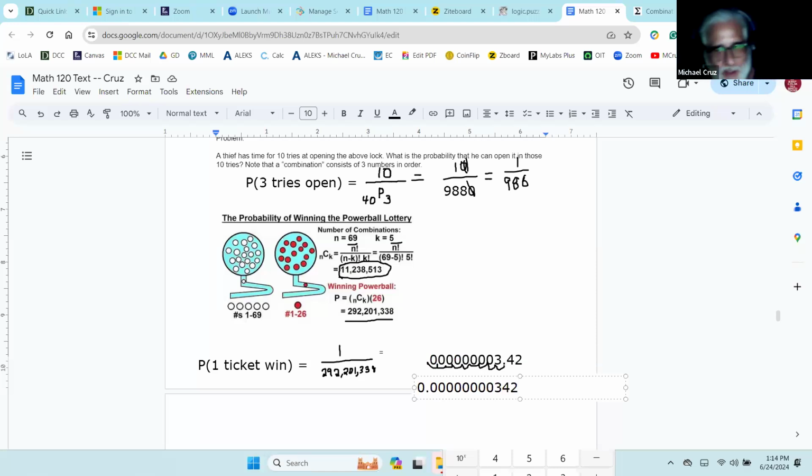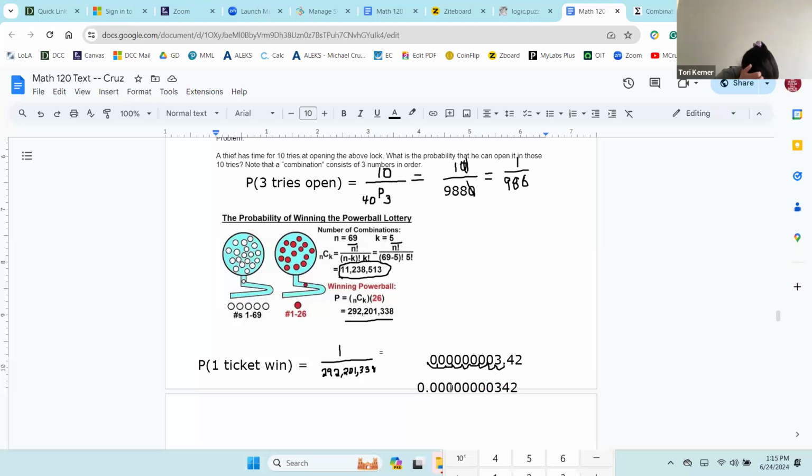So that's the decimal value for that fraction. Very, very small. Because you got tenths, hundredths, thousandths, ten thousandths, hundred thousandths, millions, ten millions, and so forth. So a lot of them out there, a lot of zeros.